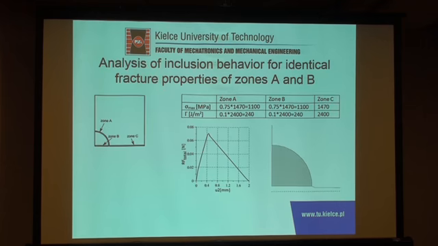In the first simulation, to reduce the number of parameters, it is assumed that parameters of zone A and zone B are identical, and the value of cohesive stress is equal to 1100 megapascals. This value is not accidental, because Berem in one work assumed that this is the cohesive stress for manganese sulfide in steel A508.